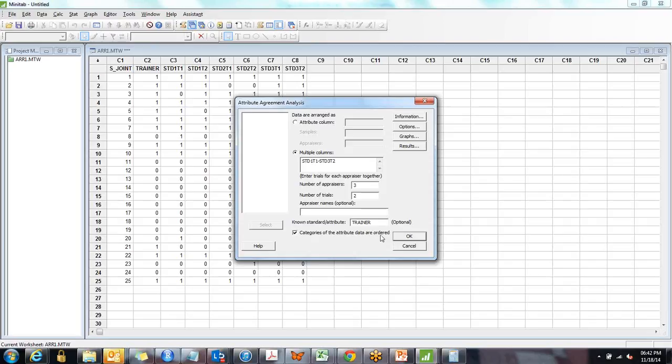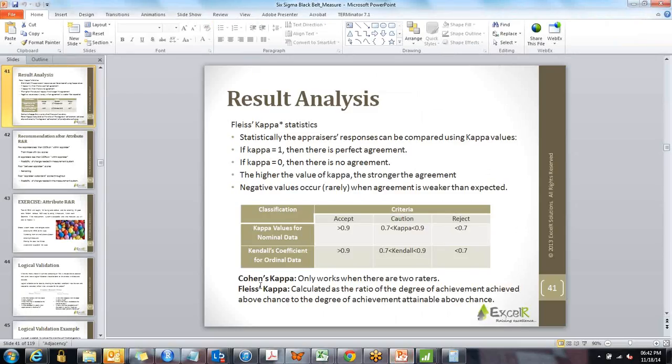If the data are ordered, rank 1, rank 2, rank 3, rank 4, that is an order. So if the values are that way, if they are ordered, then you look not at the Fleiss' kappa statistic, but at Kendall's coefficient for ordinal data.